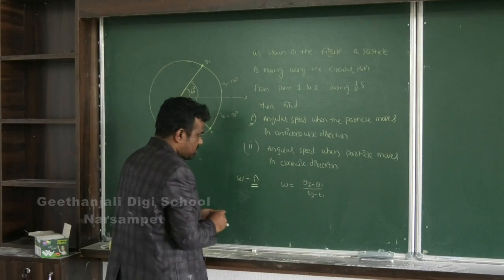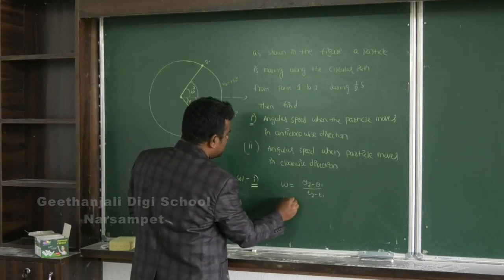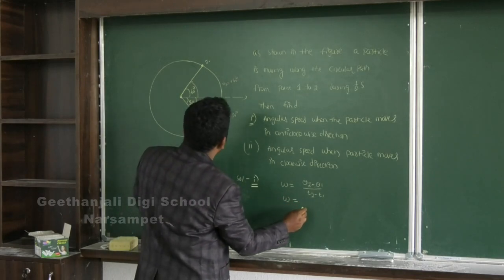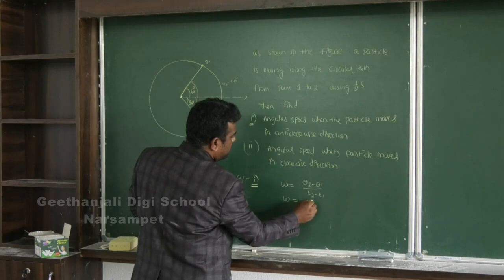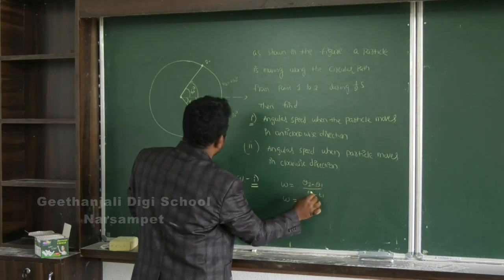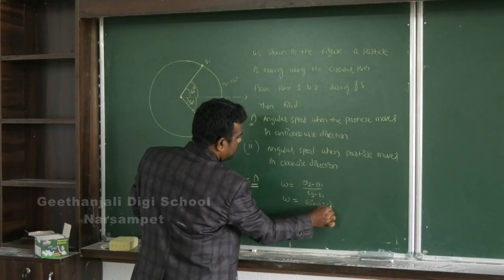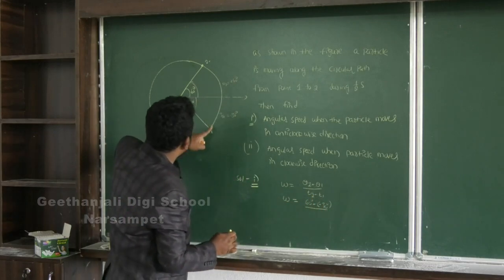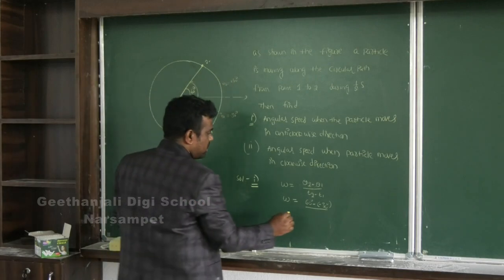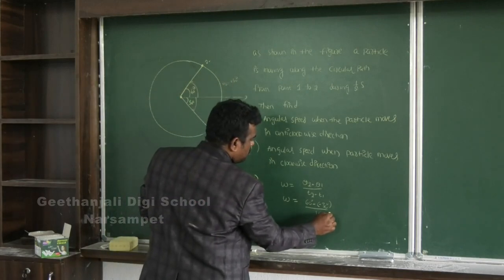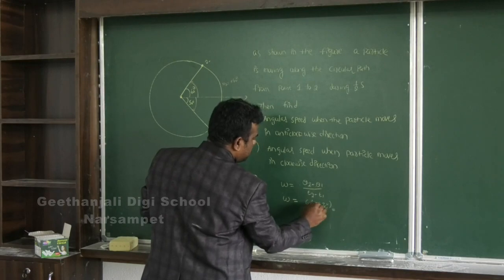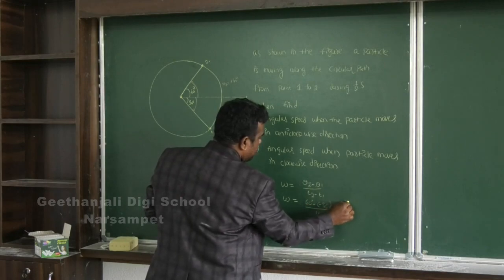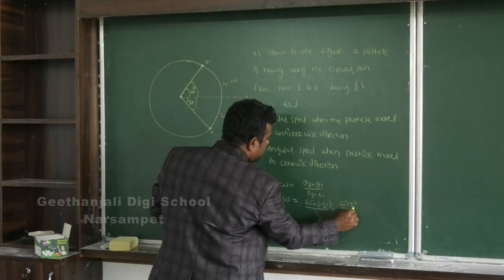Then omega is equal to, what is the value of theta 2? Plus 60 degree minus theta 1, minus 30 degree, by t2 minus t1. The particle is going from 1 to 2 in 1/2 second. So this is equal to 60 degree plus 30 degree by 1/2.